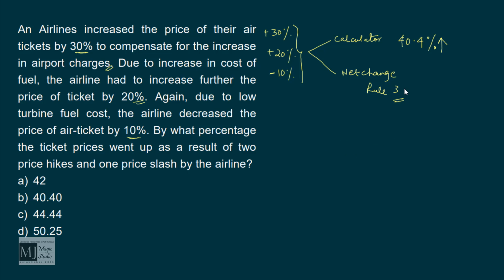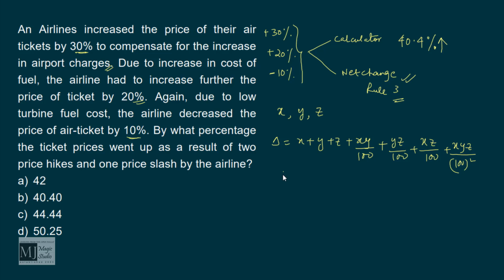But if we have no access to a calculator, then we can use our net change formula. If there are 3 changes x, y and z, then net change is given by x plus y plus z plus xy by 100 plus yz by 100 plus xz by 100 plus xyz by 100 square, with respective signs.